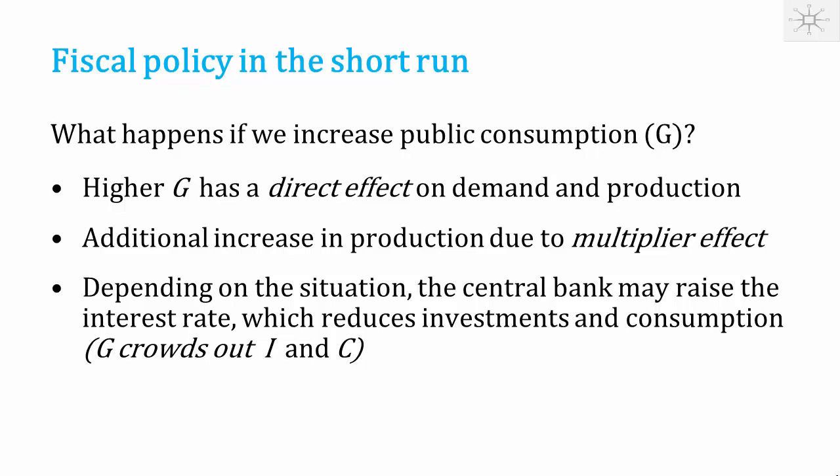This counteracting effect is called crowding out. We say that the government expenditure crowds out private investment and consumption. And the amount of crowding out obviously depends completely on how much the central bank will raise the interest rate. And that will depend on the situation.